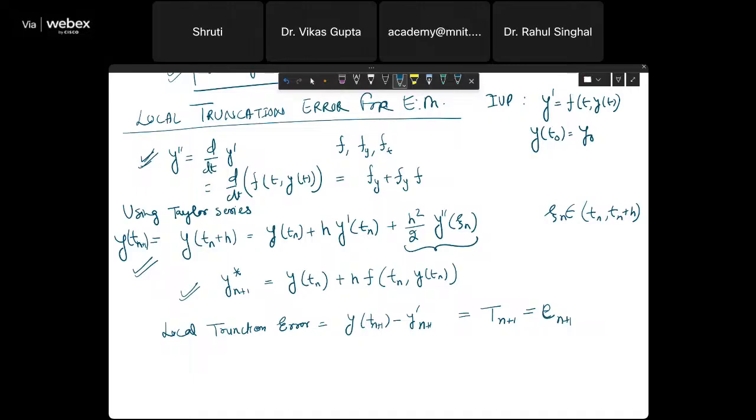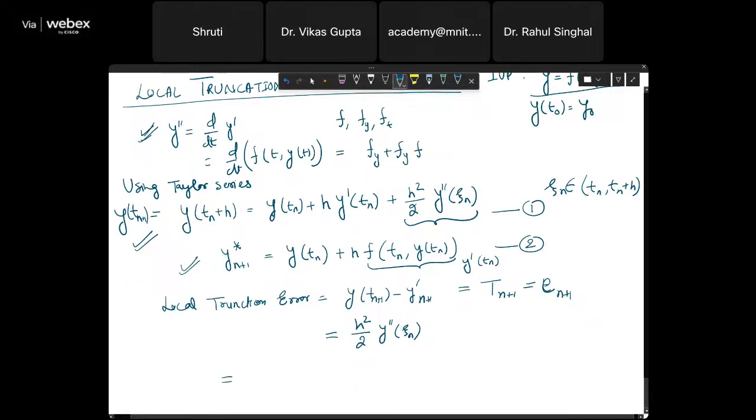Using equation 1 and equation 2, this right hand side difference can be obtained, and we see that the first two terms will get cancelled, because this is nothing but y dash at tn as per the equation. So the first two terms get cancelled and we are left with h square by 2 y double dash xi. This is the truncation error at the step n plus 1.